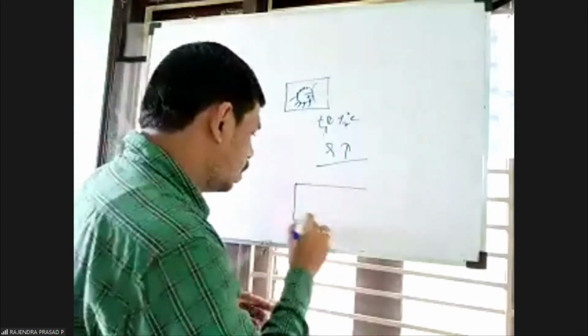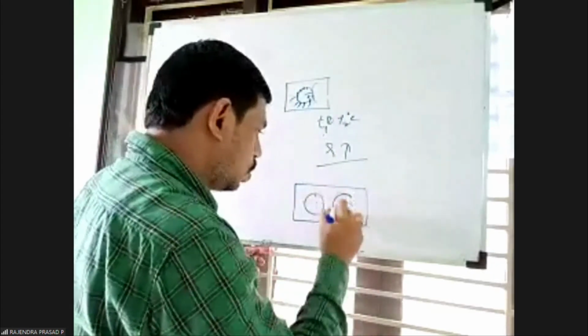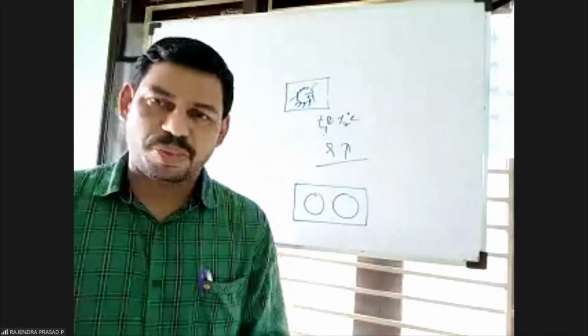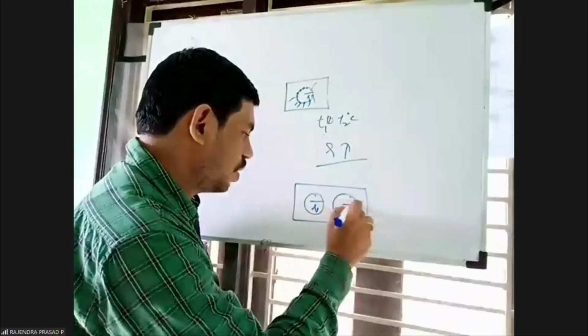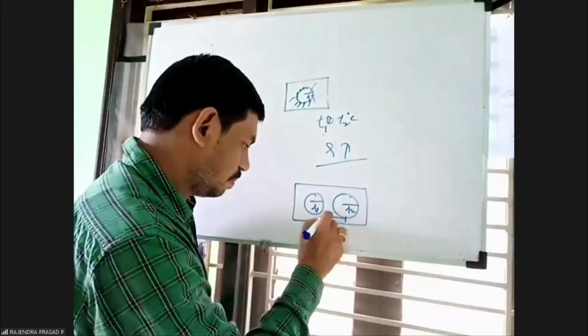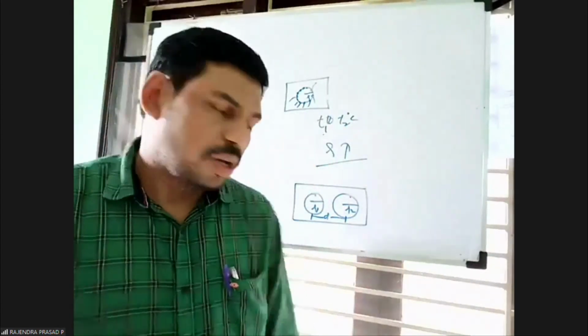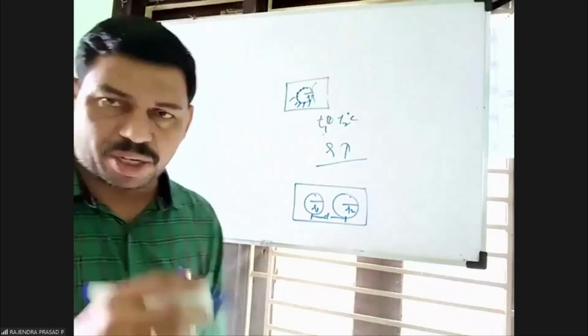This is the one concept. Another one: this is the metal plate with two rings, two holes. This is the R1 radius, this is the R2 radius, and this is the distance D between them.